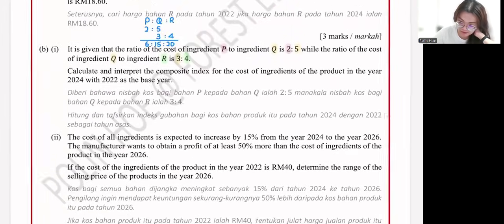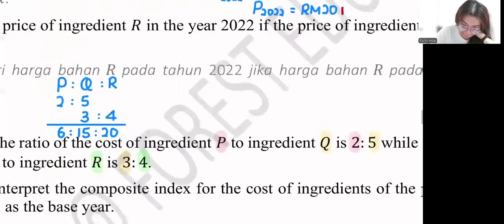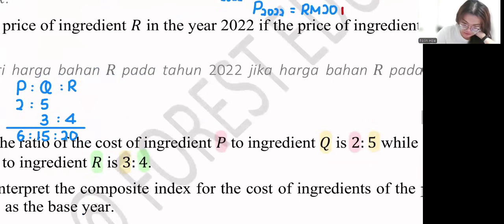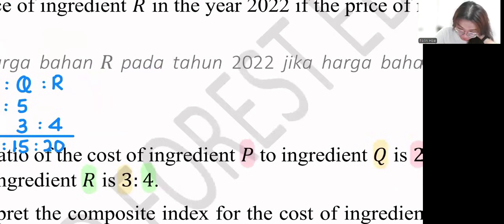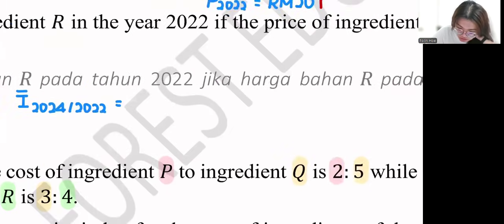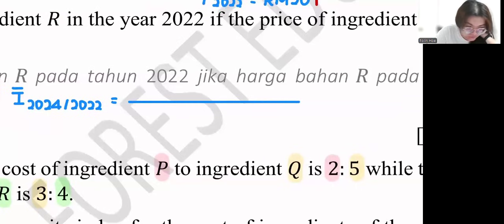B part 1, maybe I squeeze here. I bar 2024 based on 2022. P 的 I 是130, W is 6.